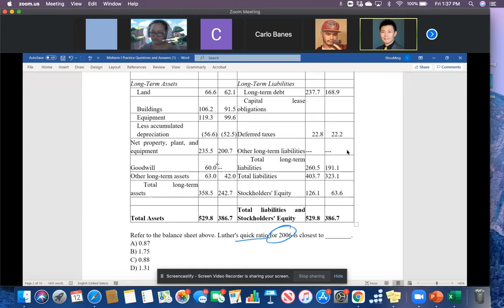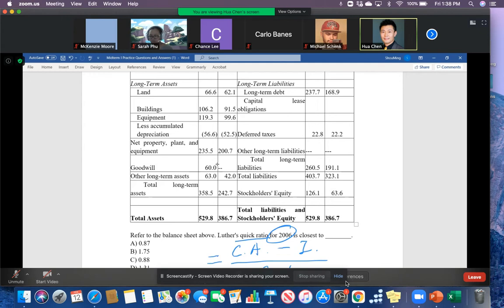The quick ratio can be calculated using the current assets minus the inventory, then divided by the current liabilities. Okay, so this is a formula we can use to calculate the quick ratio for this company in year 2006.